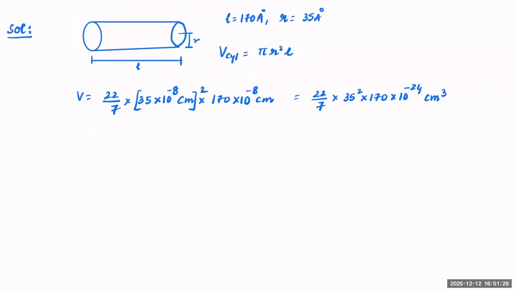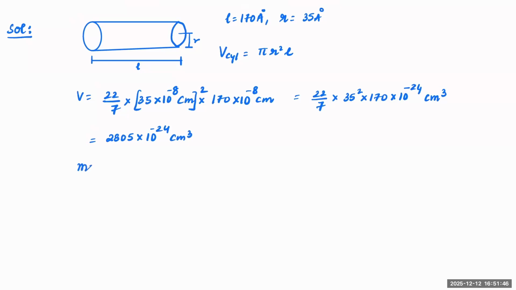So this will be 2805 double zero into 10 raised to minus 24. Correct. 2805 into 10 raised to power of minus 24. Right. So this is the centimeter cube value.